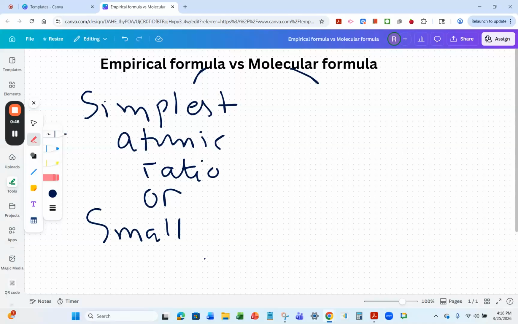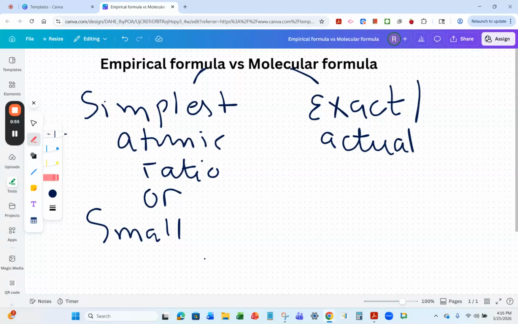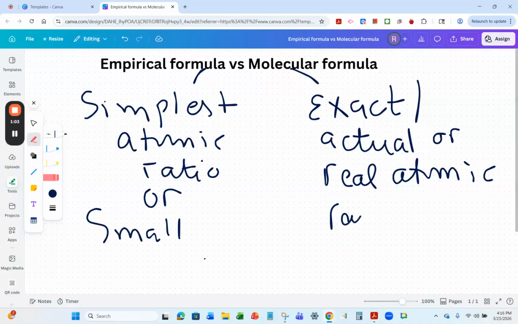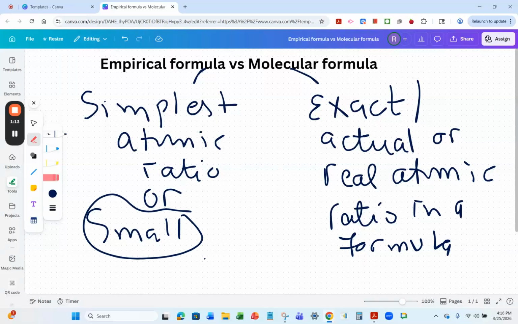And molecular formula means exact, actual, or real atomic ratio in a formula. So, in simple terms, for empirical is small, and for molecular it means bigger.